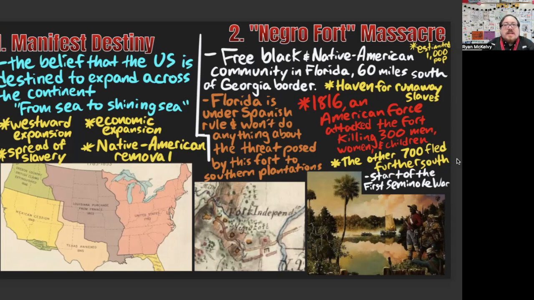Florida had sort of served as this thorn in the side of the U.S., a class and racially divided country, especially across the South. And right next to it, you have this basically free haven for Native Americans that had been kicked out of the Eastern United States at this point, and African slaves.